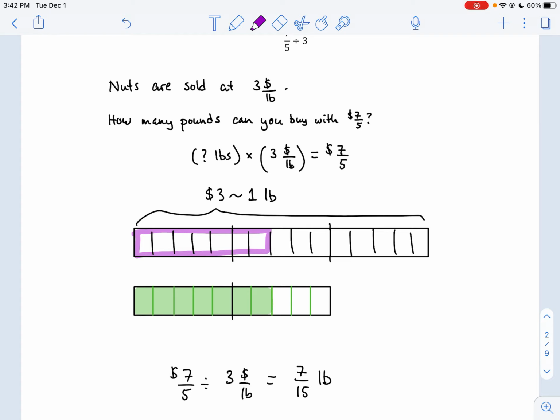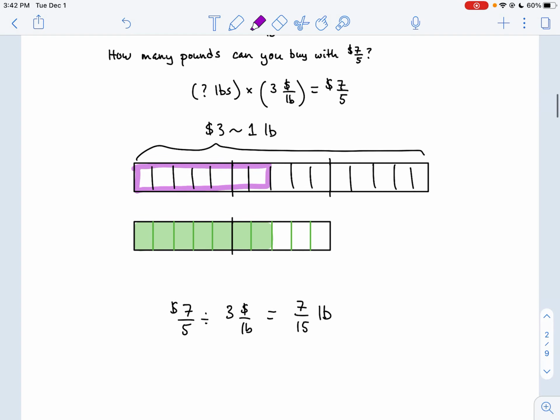How many total little pieces do we have in the entire pound? There are 15 pieces, and I've shaded 7 of them. Looking at the purple, we've shaded 7/15 of a pound. So the answer is we can buy 7/15 of a pound if I have only 7/5 dollars.